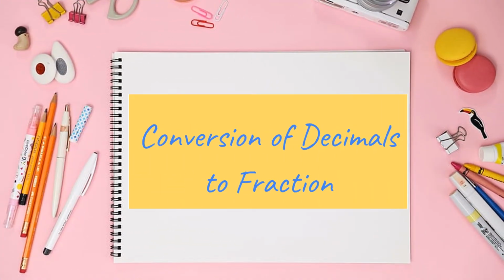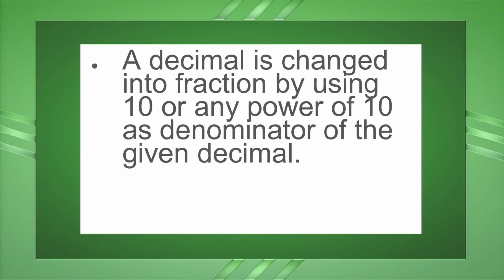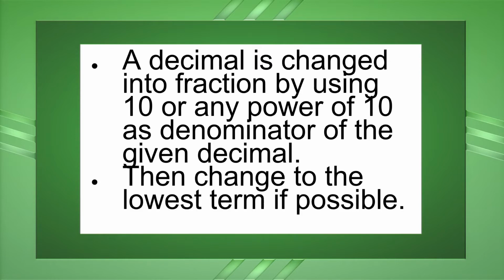Now, let's proceed with the conversion of decimals to fraction. Decimal is changed into fraction by using 10 or any power of 10 as the denominator of the given decimal, and change it to the lowest term if possible.